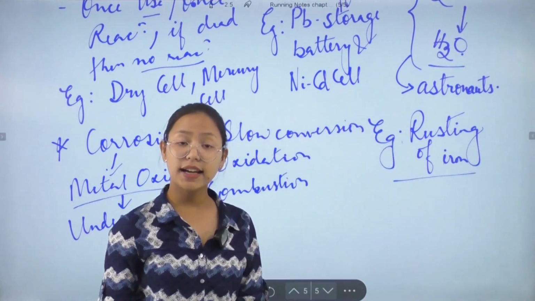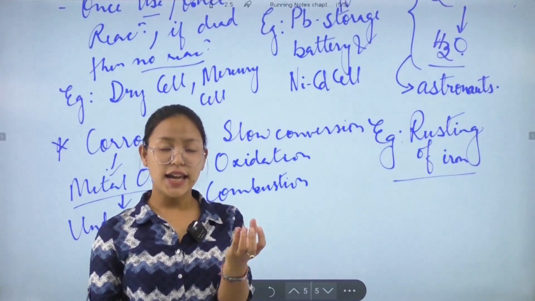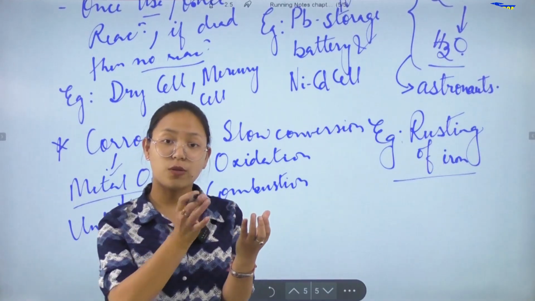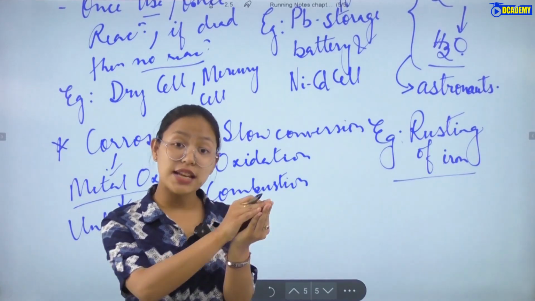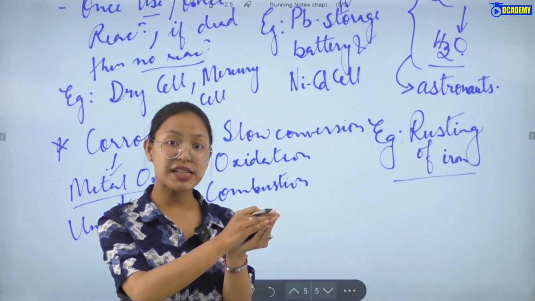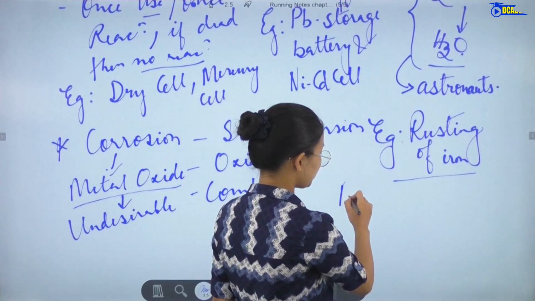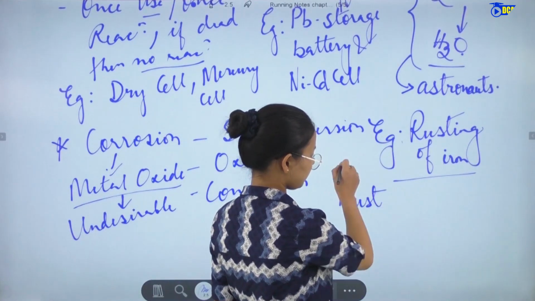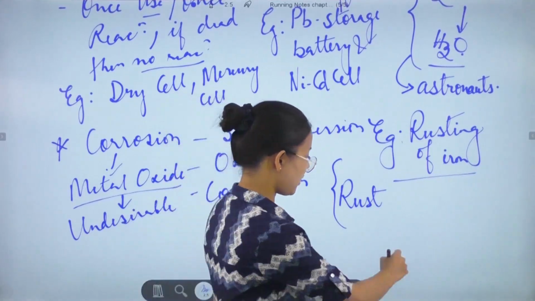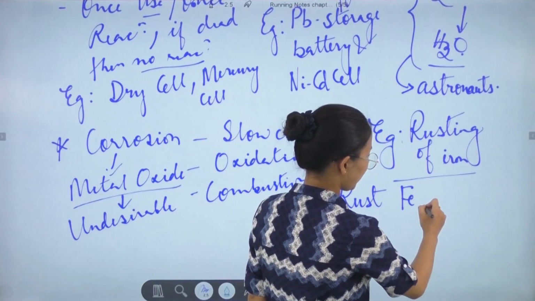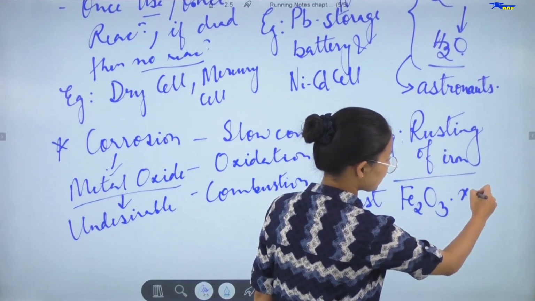In rusting of iron, the iron metal forms iron oxide, which is in the hydrated form, that means rust. It is hydrated ferric oxide, that is Fe2O3 dot X H2O.